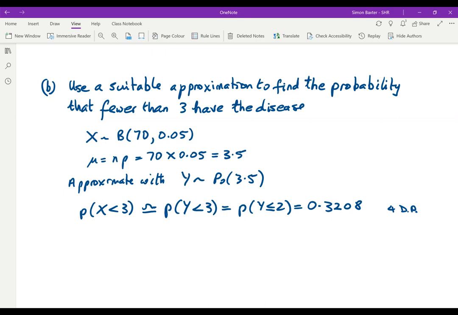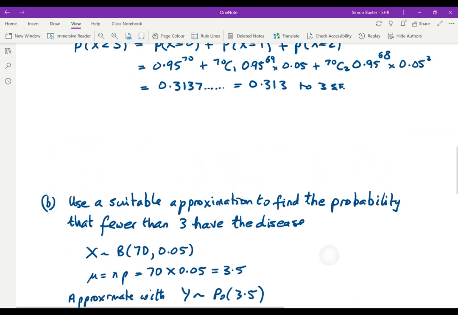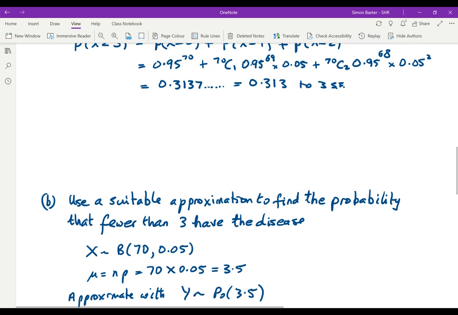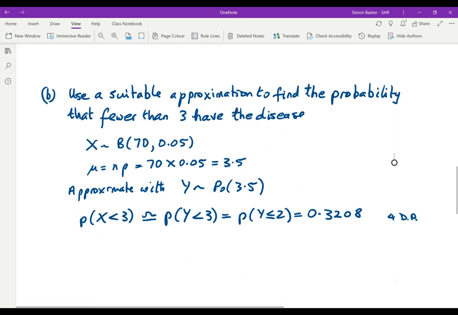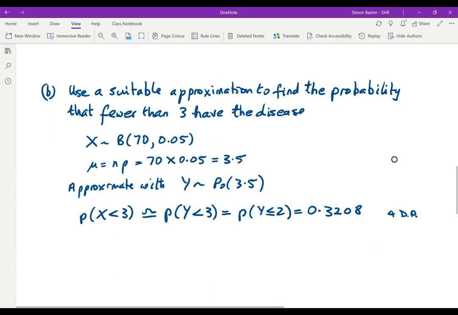The previous answer was 0.3137, which should have been 0.314 to 3 significant figures. And 0.3208, not a great deal of difference, a good approximation.